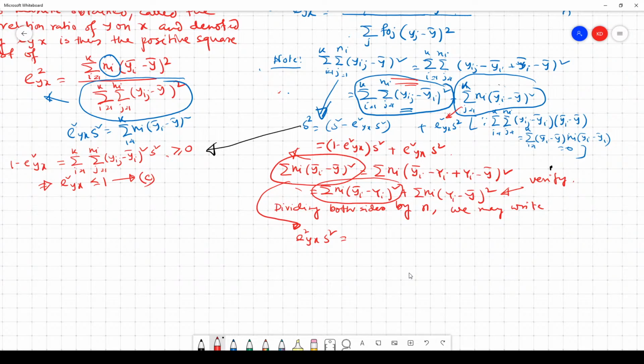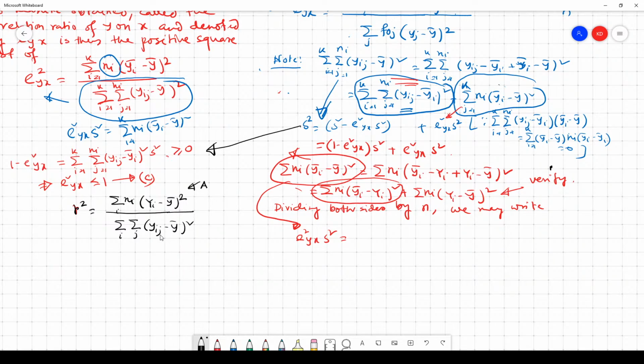Okay, so I define this term r square, which is equal to sum over i of ni capital Yi minus y bar whole square divided by sum over i, sum over j, of yij minus y bar whole square.